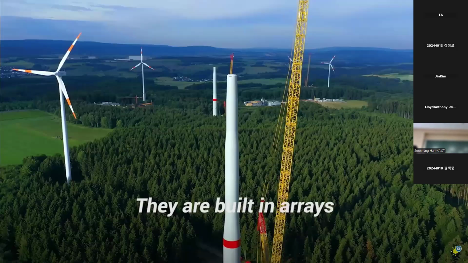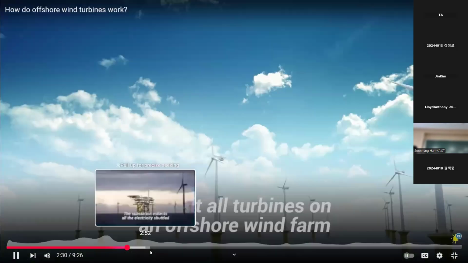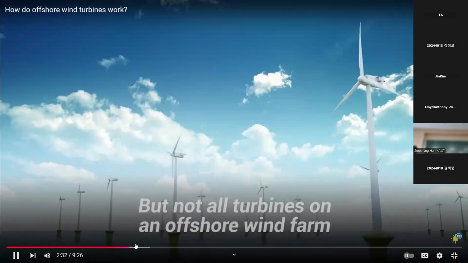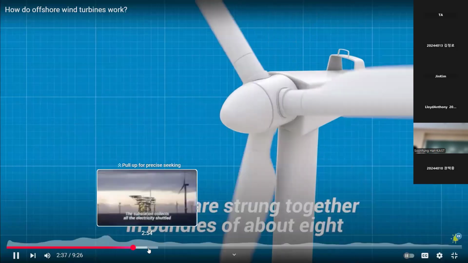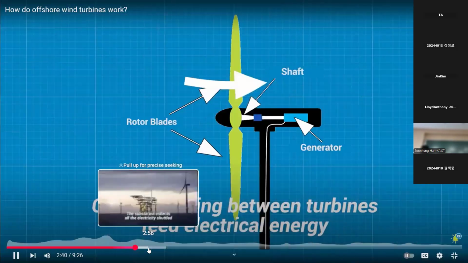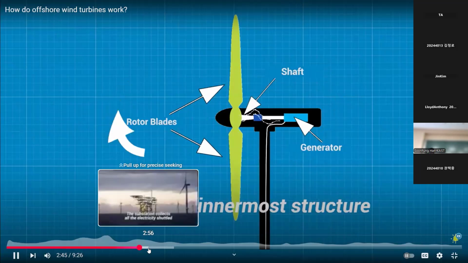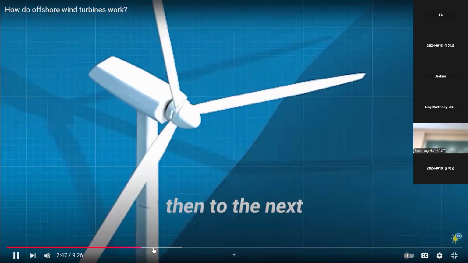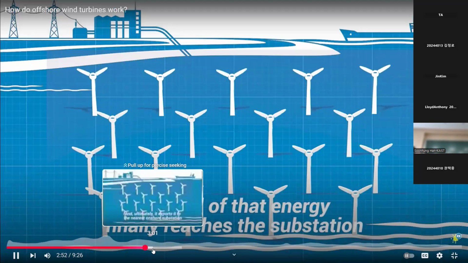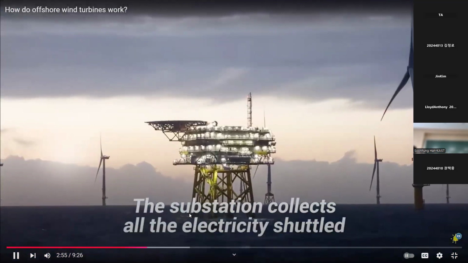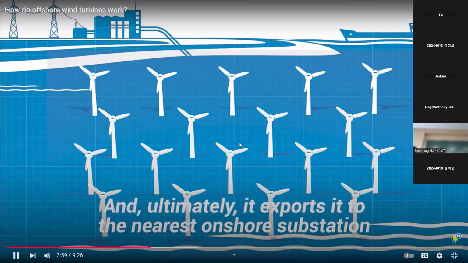They are built in arrays, called wind farms, to harvest as much energy as possible. But not all turbines on an offshore wind farm feed into a substation. Turbines are strung together in bundles of about 8. Cables running between turbines feed electrical energy from the outermost structure to the next innermost structure, then to the next, and the next, and the next, until all of that energy finally reaches the substation. The substation collects all the electricity shuttled through this energy brigade and ultimately.